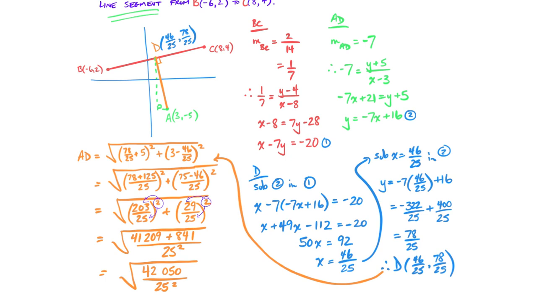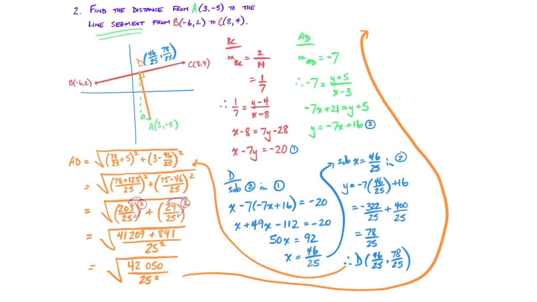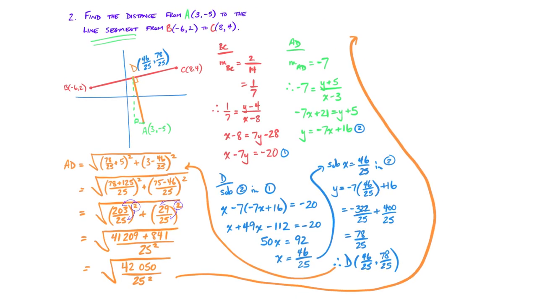Okay, I am running out of all sorts of room, so I am going to wrap all the way around here so I can continue my work. Well, I'm now going to calculate, or simplify, the square root of 42,050, because I can take the square root of 25 squared, and it's just a 25.